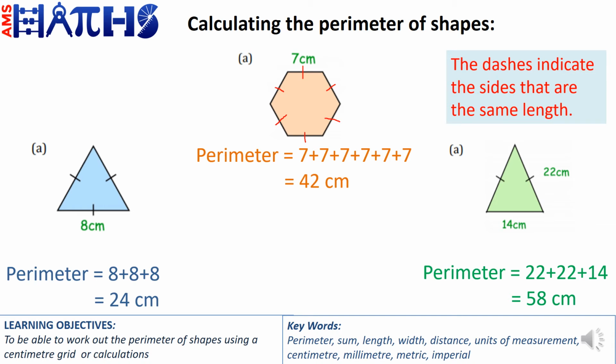So the sides that are marked both measure 22 centimeters and the third side measures 14 centimeters. So for the perimeter, when we add them together, it gives us a total of 58 centimeters.